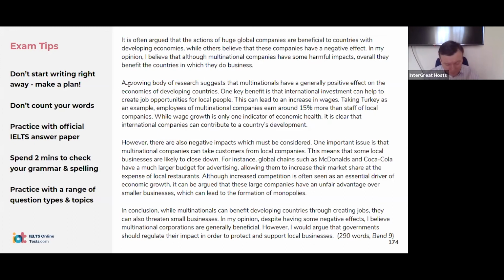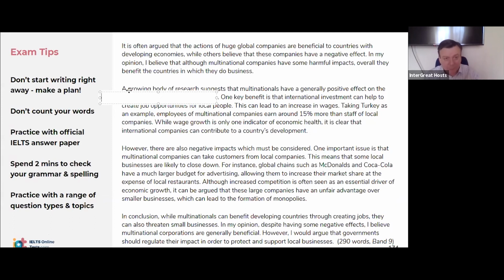So we've got a topic sentence there. Sorry, it shouldn't be in capitals, so let me do that again.